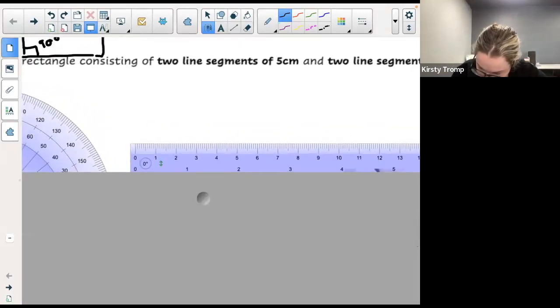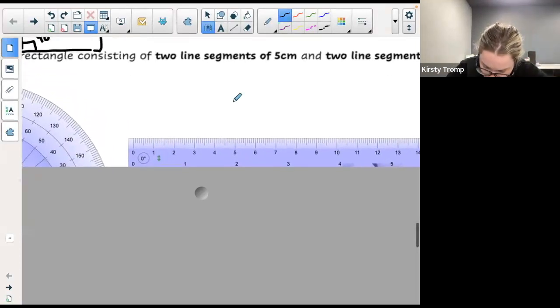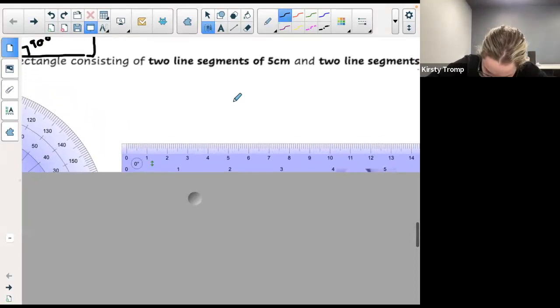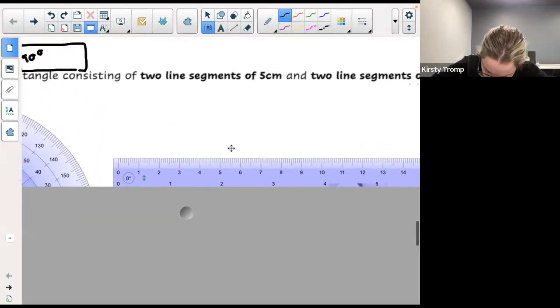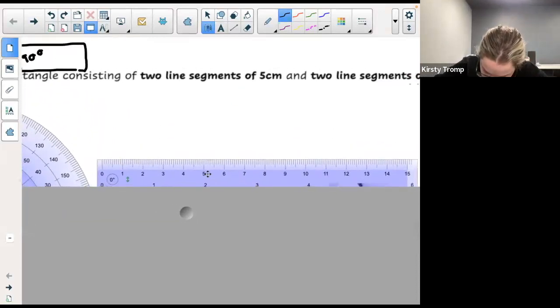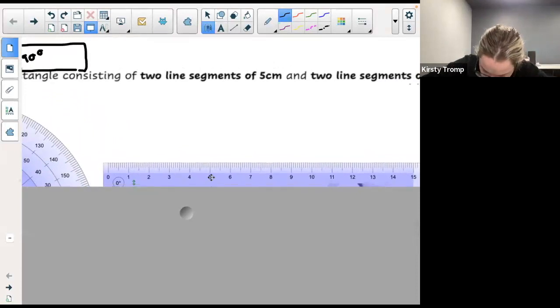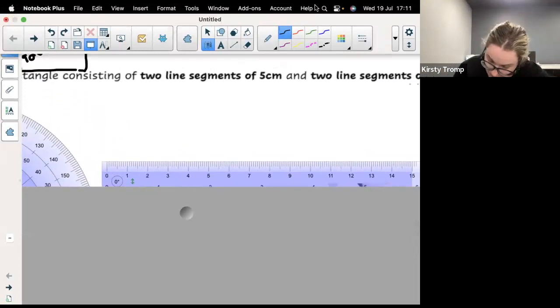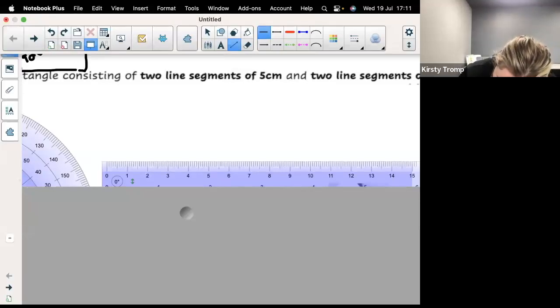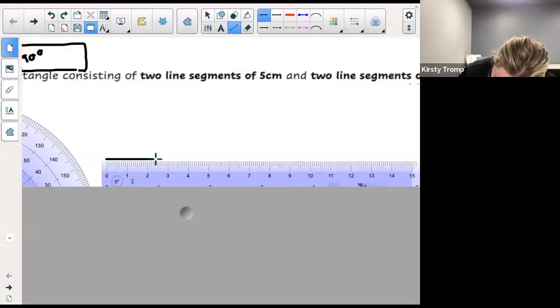I'm going to make my screen a little bit bigger so we can all see what I'm going to be drawing here for us. Here is my ruler. My longest sides are 5 centimeters each. So I'm taking my ruler, picking a line, going to 0, and drawing my line all the way up to 5 centimeters.